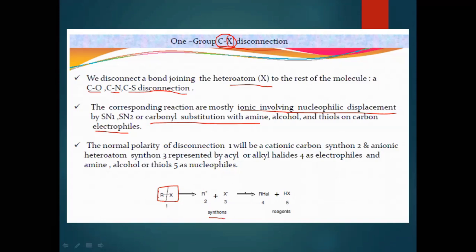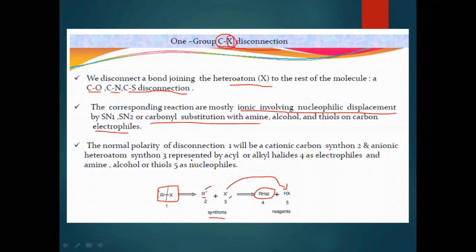The corresponding synthetic equivalents or reagents: when you have R plus, you use an alkyl halide, R-Hal, and the synthon X minus can be converted into the synthetic equivalent HX. So these two reagents are available. The normal polarity of disconnection of one gives a cationic carbon synthon and an anionic heteroatom synthon. So X minus always prefers to carry the negative charge.